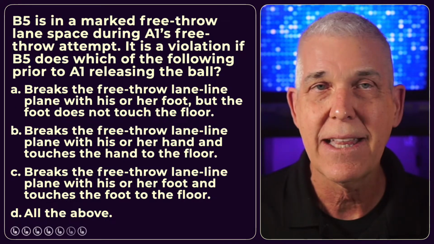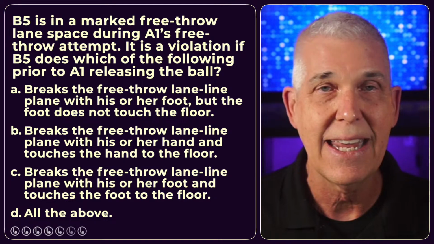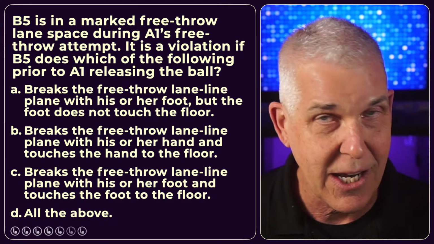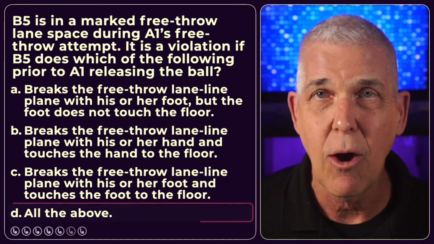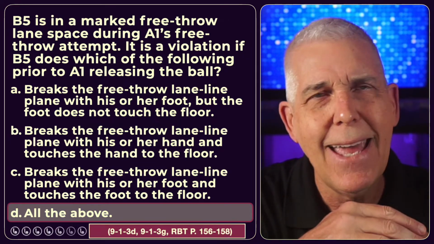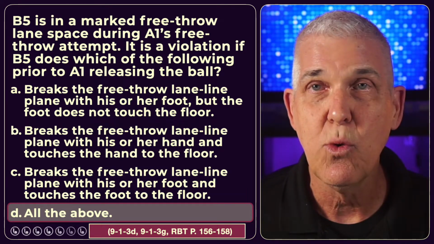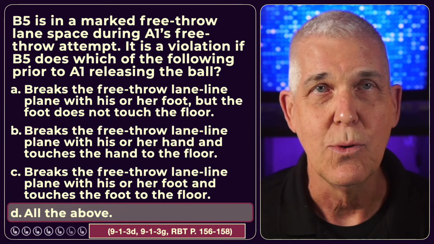C, breaks the free throw lane line plane with his or her foot and touches the foot to the floor. That is as well. So our correct answer here would have to be D, all of the above. A would be a unique scenario, but them's the rules, man. Them's the rules.